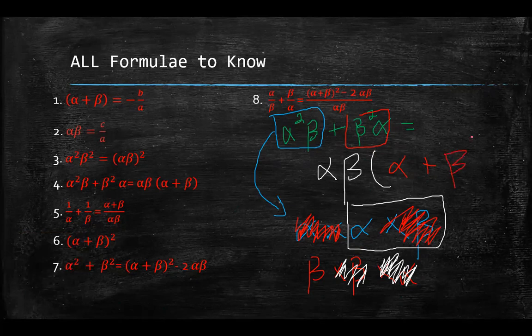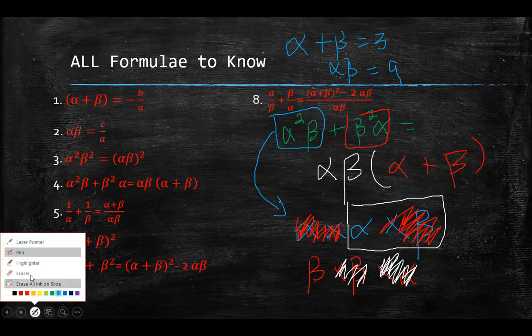So say the question before, you worked out that alpha plus beta was 3 and alpha beta was 9. And we could use this now to find alpha squared beta plus beta squared alpha. Hold on, okay, now that we have this, there's too much on the screen.